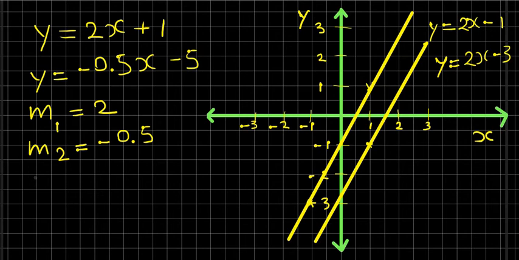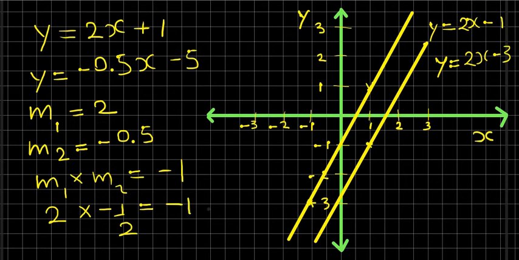If two lines are perpendicular, that means they form 90-degree angles when they cross, m1 multiplied by m2 should equal minus 1. In this case, m1 is 2, m2 is minus half, that is minus 0.5, and this will exactly give us minus 1. 2 multiplied by minus half is minus 1. Therefore, these two lines are perpendicular to each other.